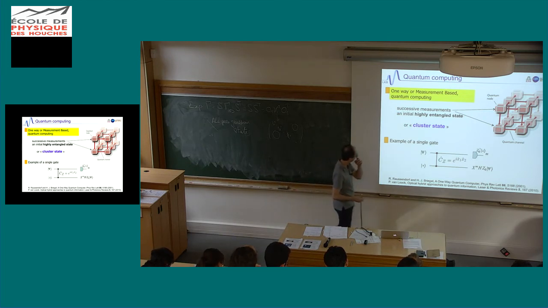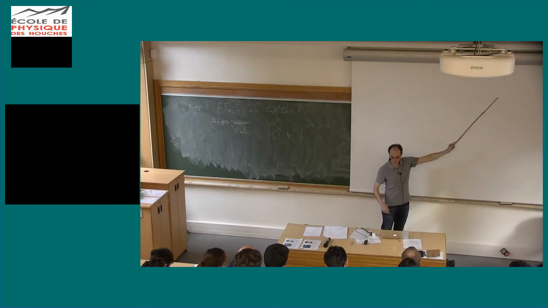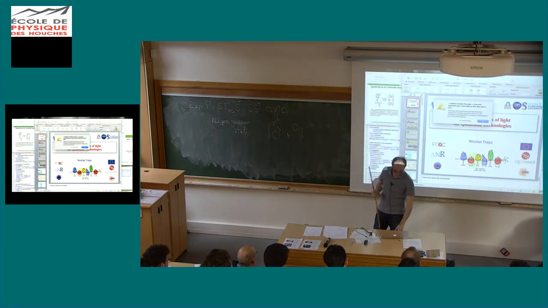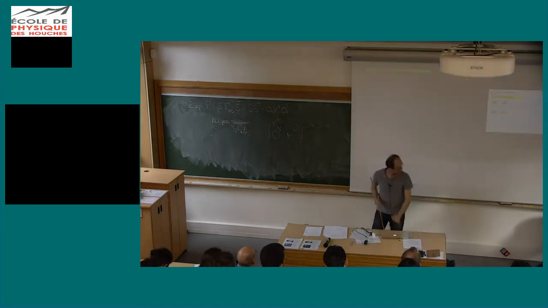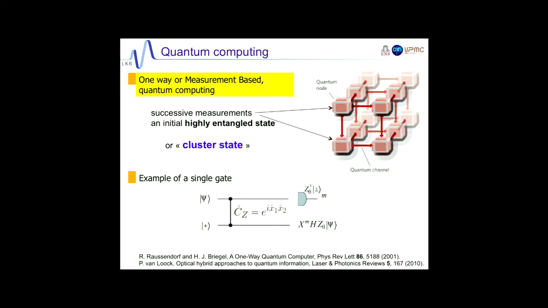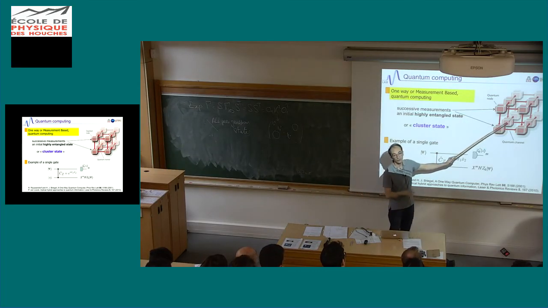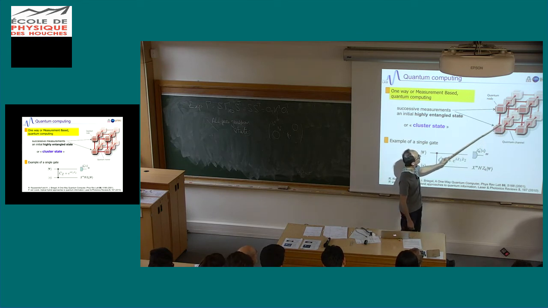So a proposal which has been made is, instead of doing the standard circuit model of quantum computing, you generate a big entangled state like this. This is just a graphic representation, but these are modes and these are correlations.